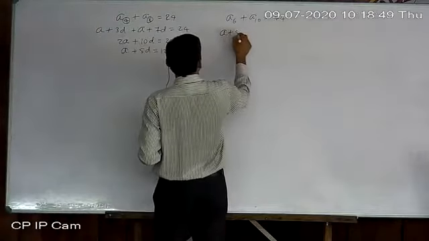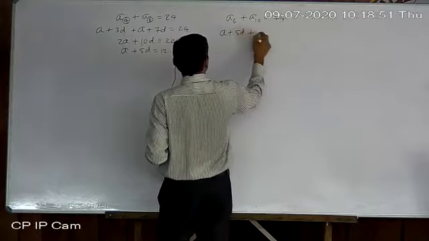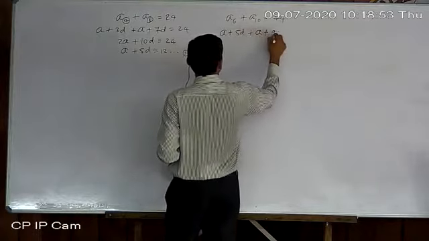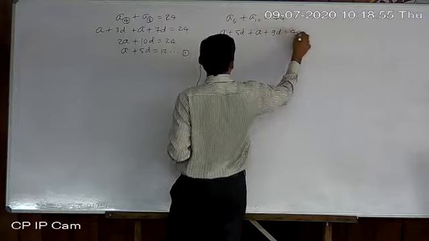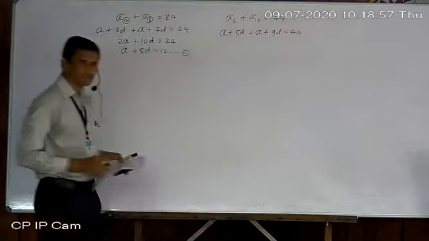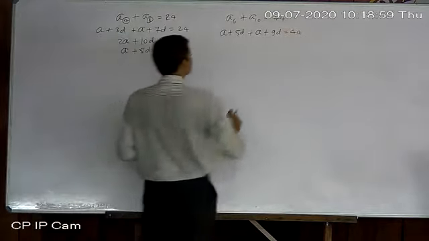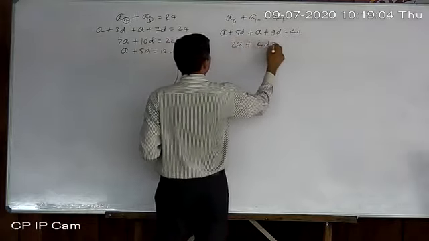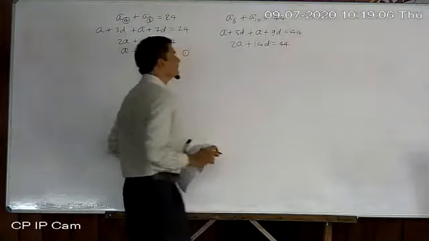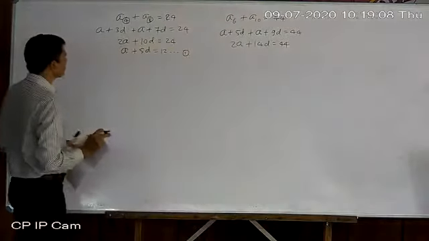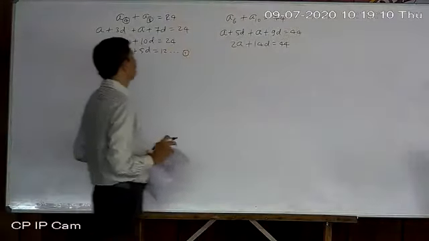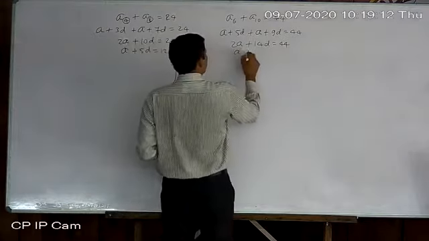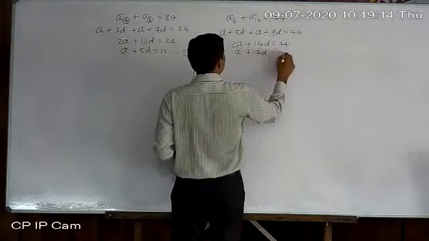Same way, write down A plus 5D plus A plus 9D equal to 44. 2A plus 14D equal to 44. Now A plus 7D equal to 22.